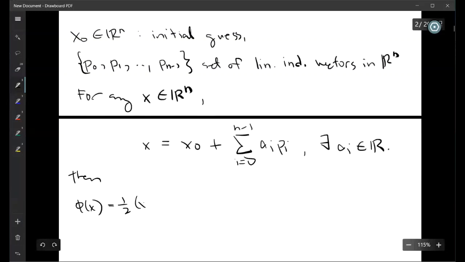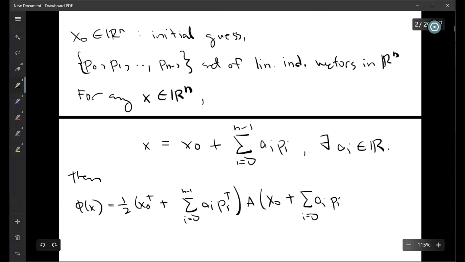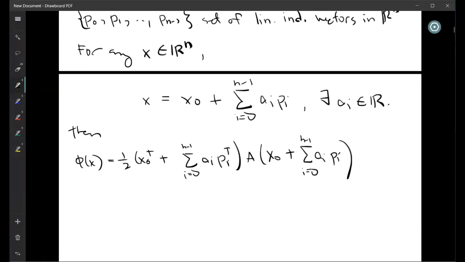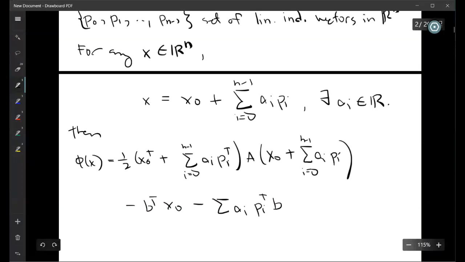We have one half of, I'll just distribute the transpose here, x0 plus the summation of alpha i p i, transpose, and then A times x0 plus the summation of alpha i p i, and then we have minus b transpose x0 minus the summation of alpha i times p i transpose b. Note that b transpose p i is just p i transpose b.